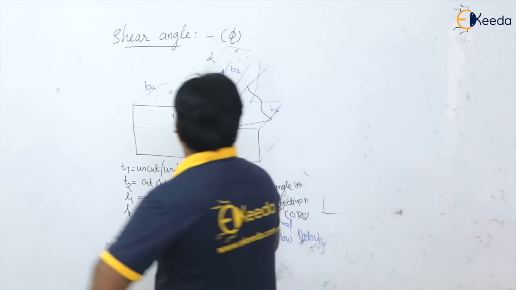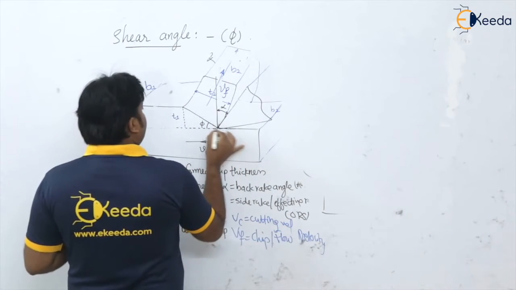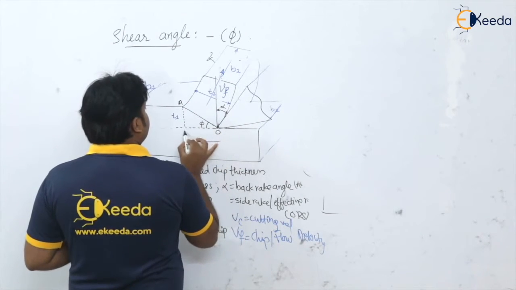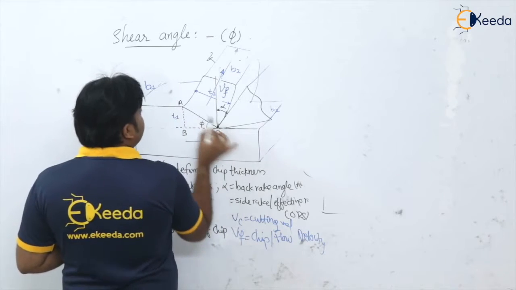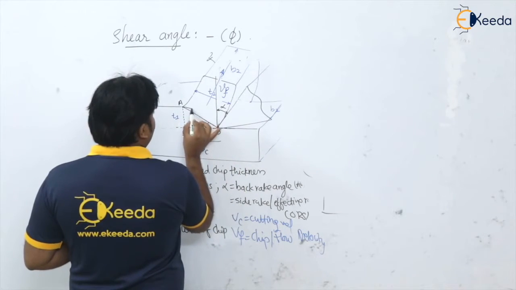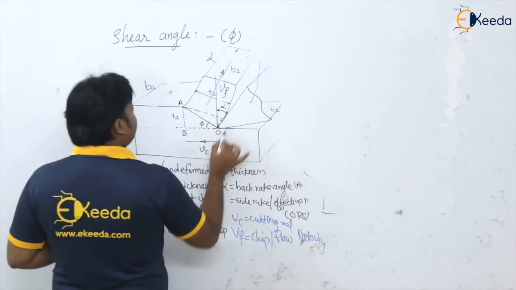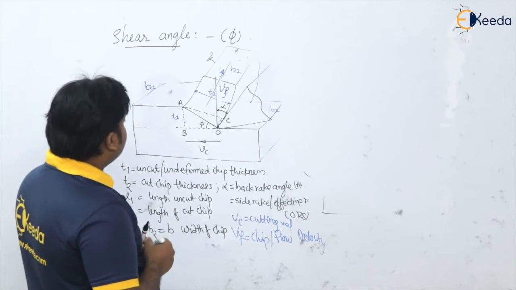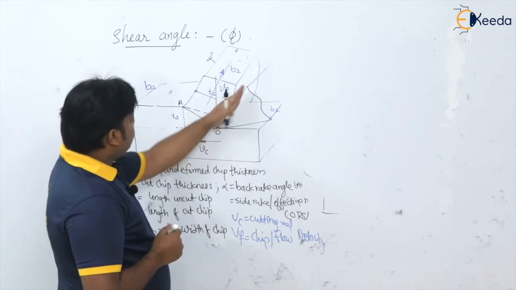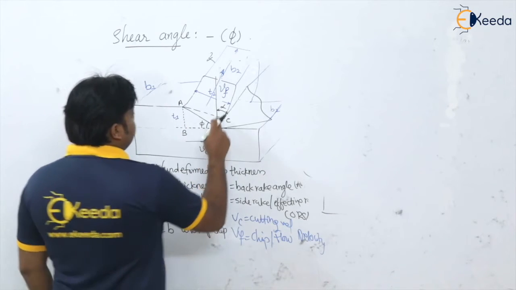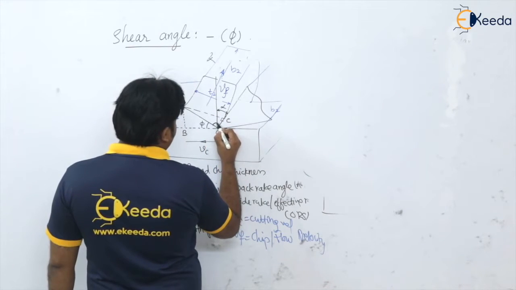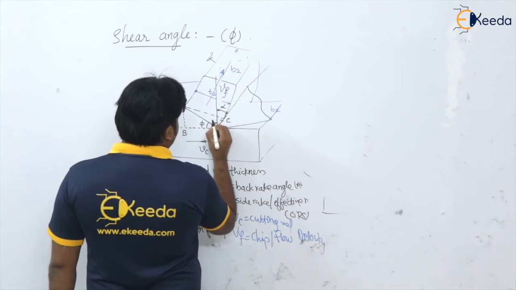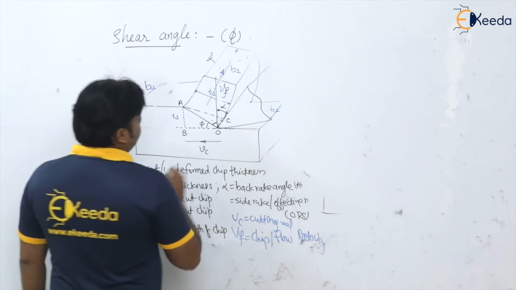I will write the names here: O, A, B, and from A onto the rake face of the tool I am going to draw a normal, at point C. Here I draw the normal onto the rake face of the tool, and this angle is alpha, so of course this angle will be 90 minus alpha.